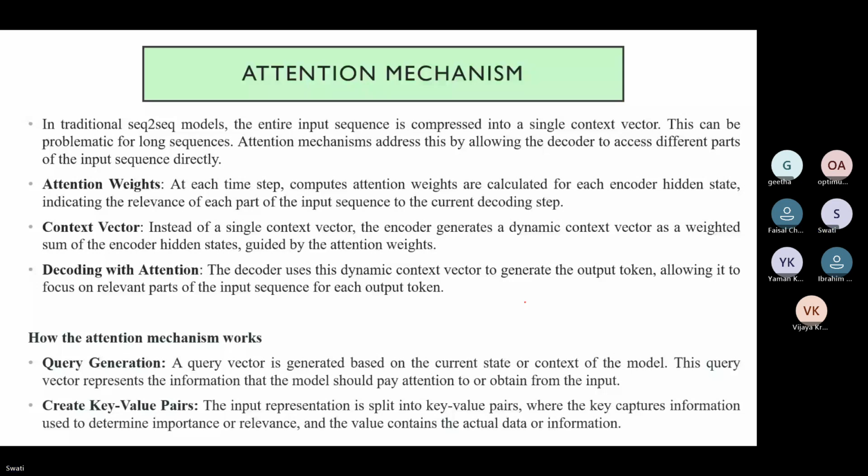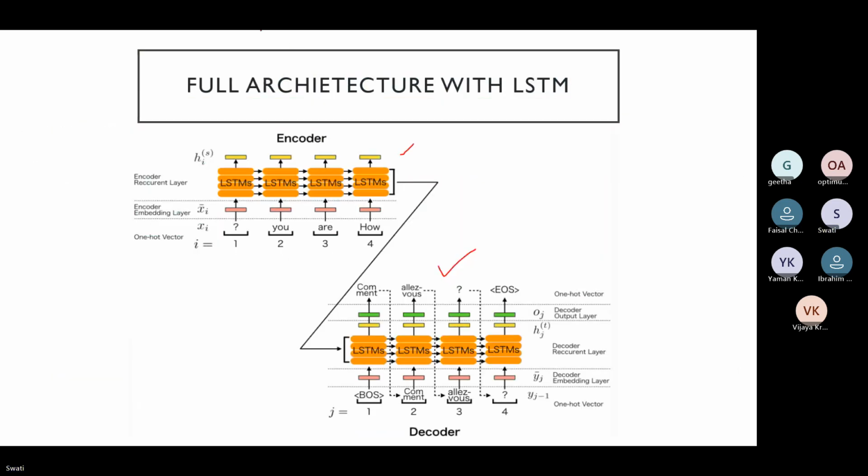So we add another layer which we call the attention mechanism. In sequence to sequence, the entire input sequence was compressed into a single context vector. But here we assign an attention weight to each encoder hidden state.